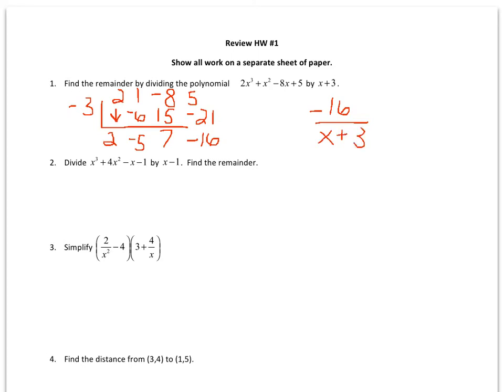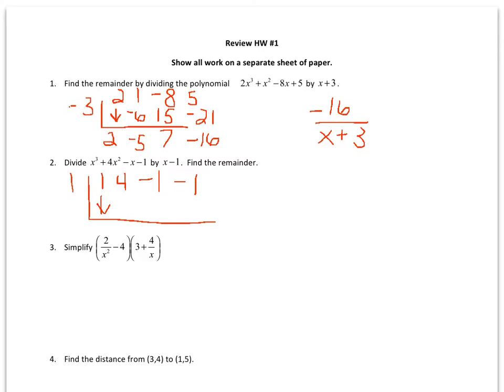We're going to do the same thing with number 2. It's basically asking the same question. So since we are dividing by x minus 1, we want to put a +1 on the outside of the synthetic box and all of the coefficients on the inside. -1 and -1.